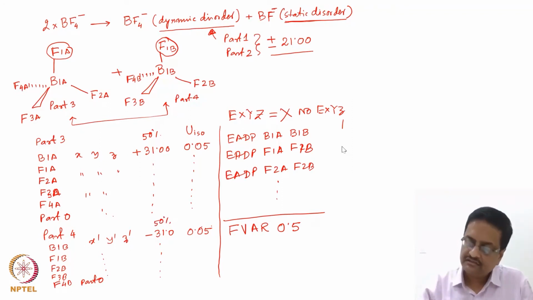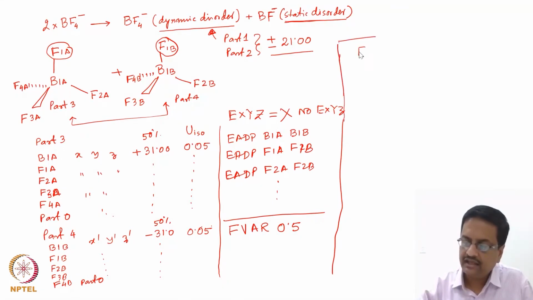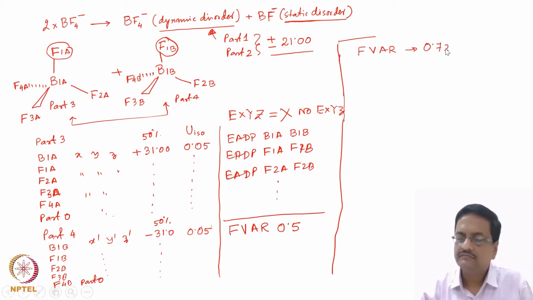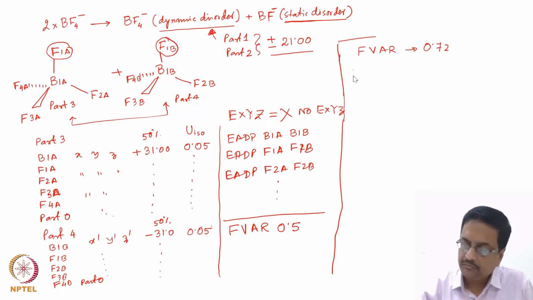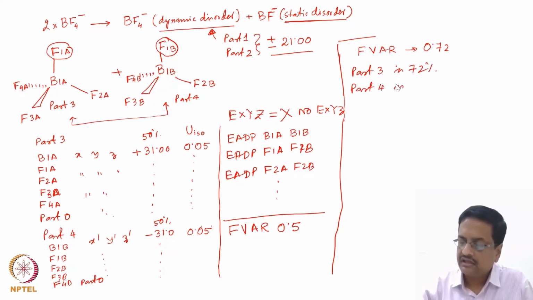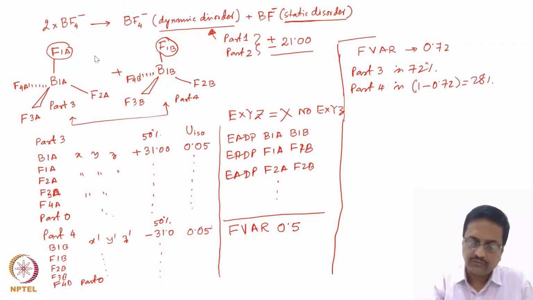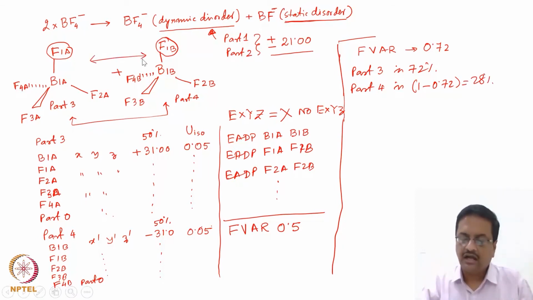So when we refine this structure with these commands, what we will see is that the FVAR parameter changes to something like say 0.72, indicating that part 3 is 72% occupied and part 4 is 1 minus 0.72, that is 28% occupied. So this way we can identify what percentage of two different locations are occupied by the BF4 minus anion.